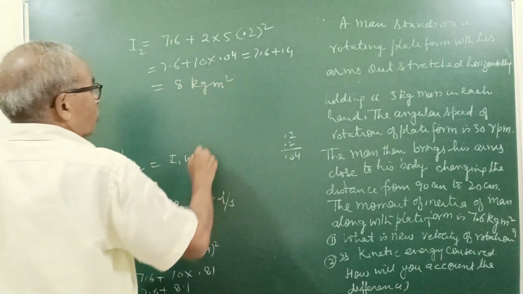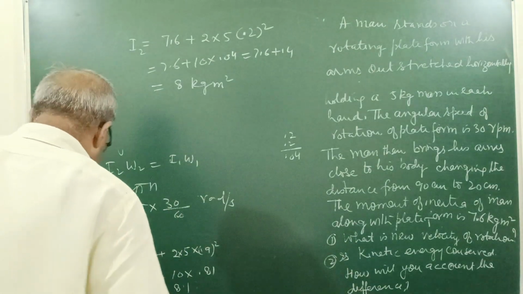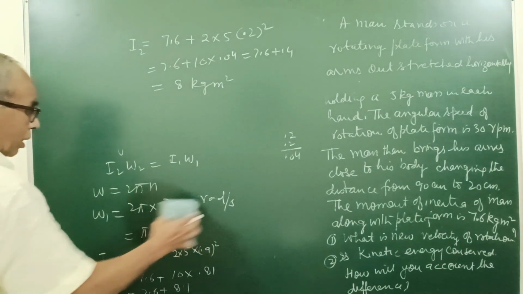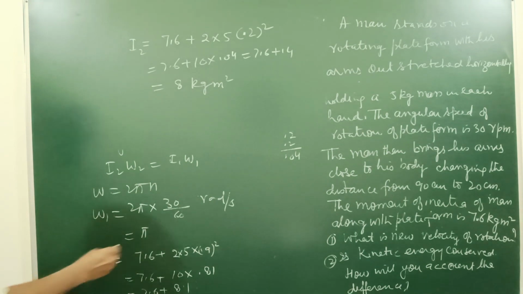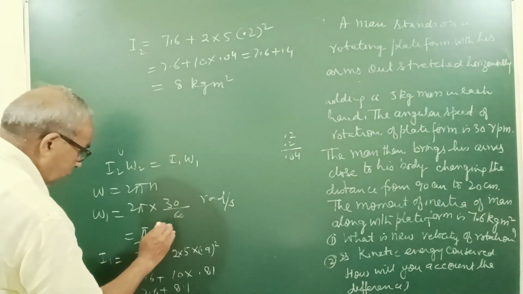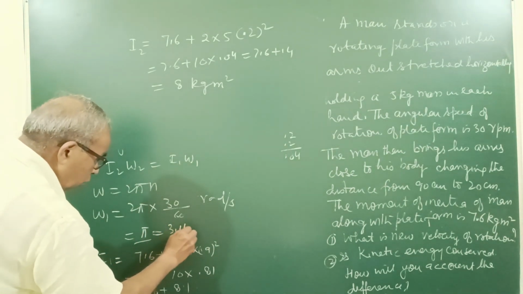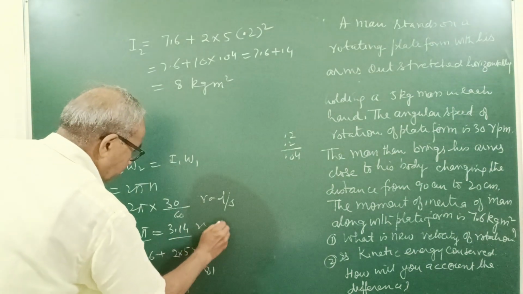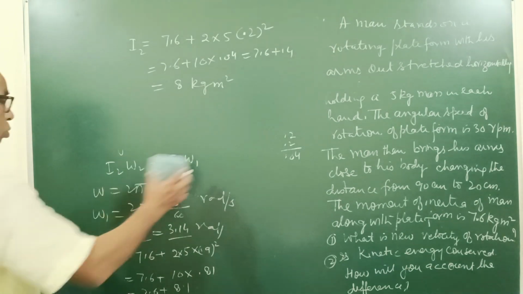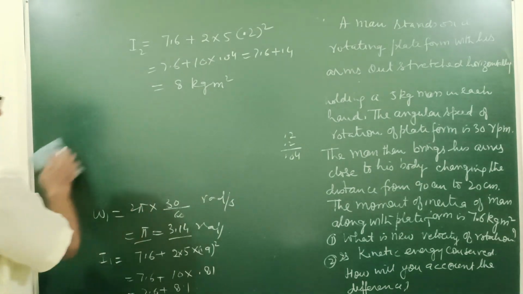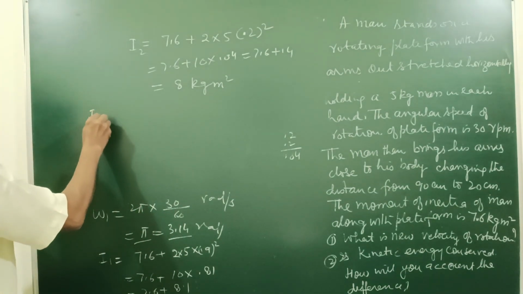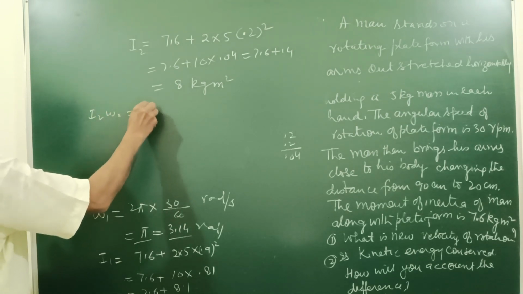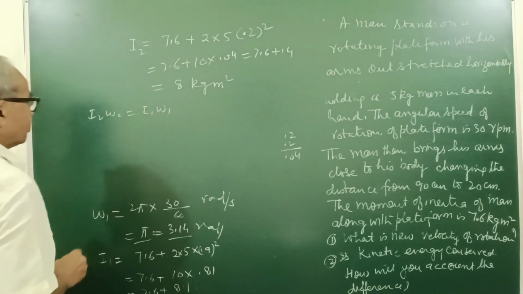Now your problem has become very simple. You have to find out omega. Omega 1 is pi, that means 3.14 radian per second. You can write it in pi, no problem. So to find omega 2, I2 omega 2 equals I1 omega 1.